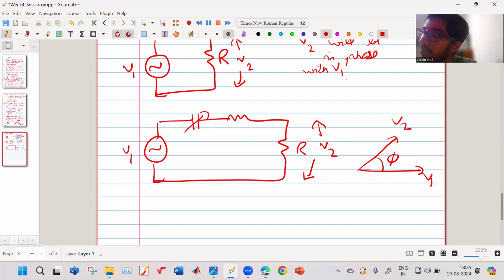And why does this happen? Can anyone tell me why? Like sir was saying, capacitor is there, resistor is there, which will vary, and so the phase shift will vary. Does anyone have an idea why it is happening?